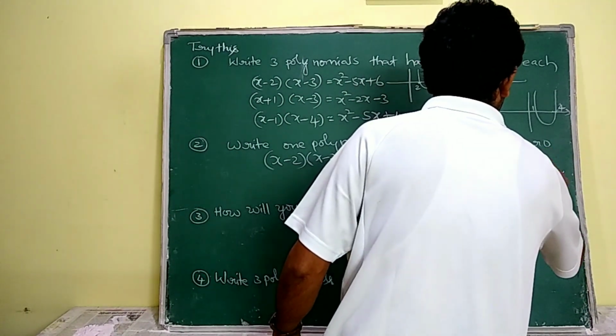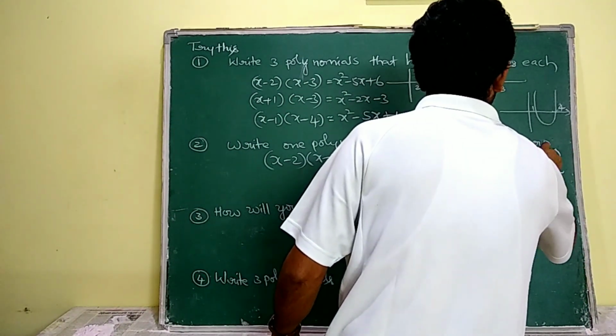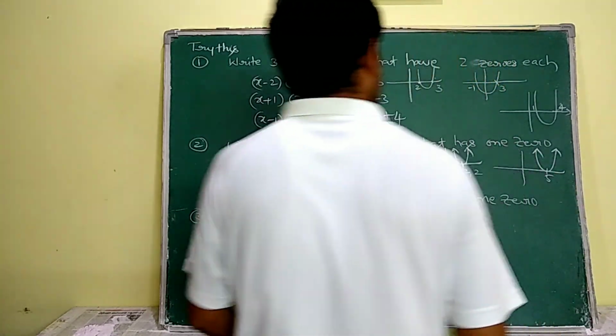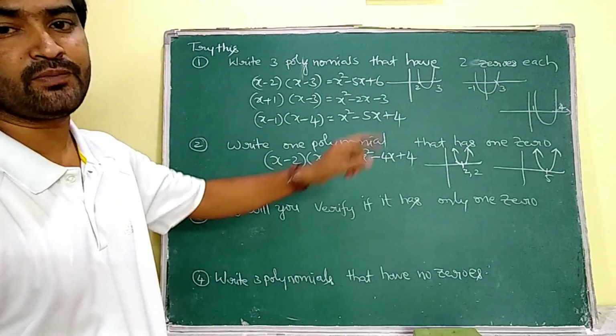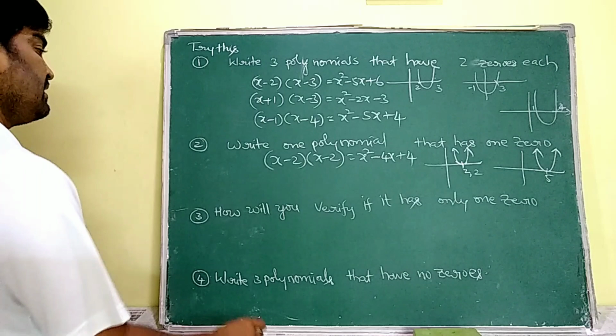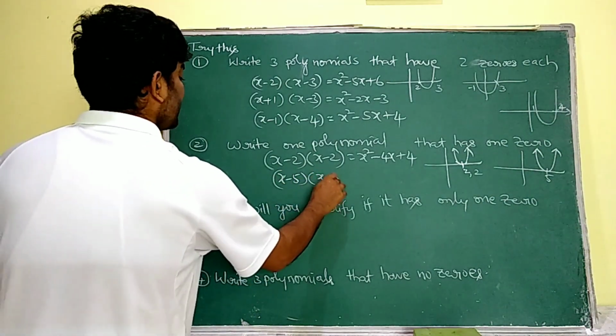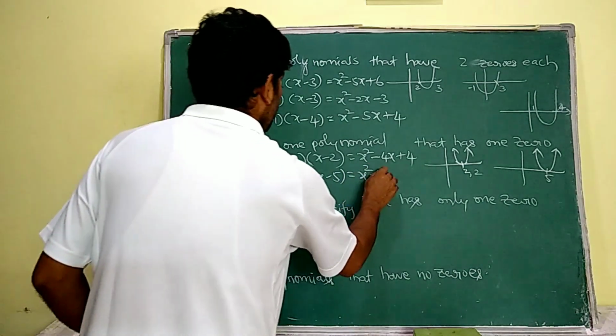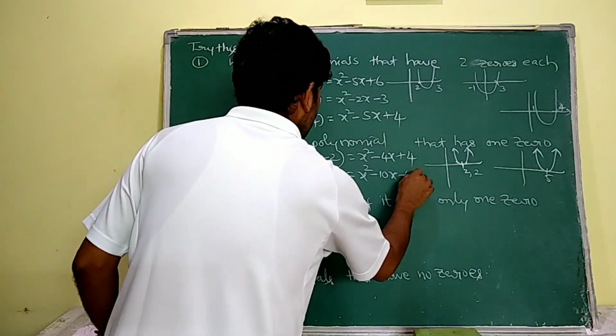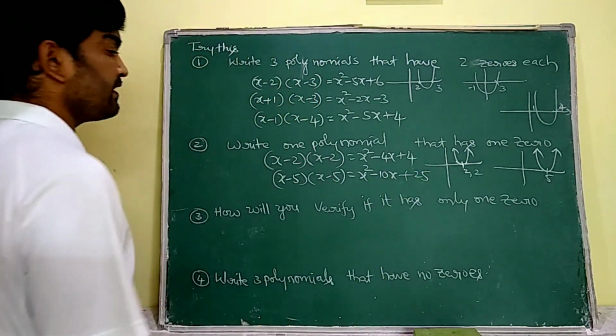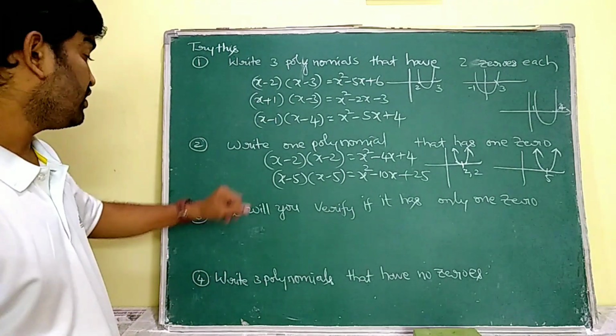Let us suppose the polynomial touches the x-axis at 5. That means this quadratic polynomial has two equal zeros. The required polynomial is x minus 5 into x minus 5, equal to x square minus 10x plus 25. In this way we are going to write the required polynomials.